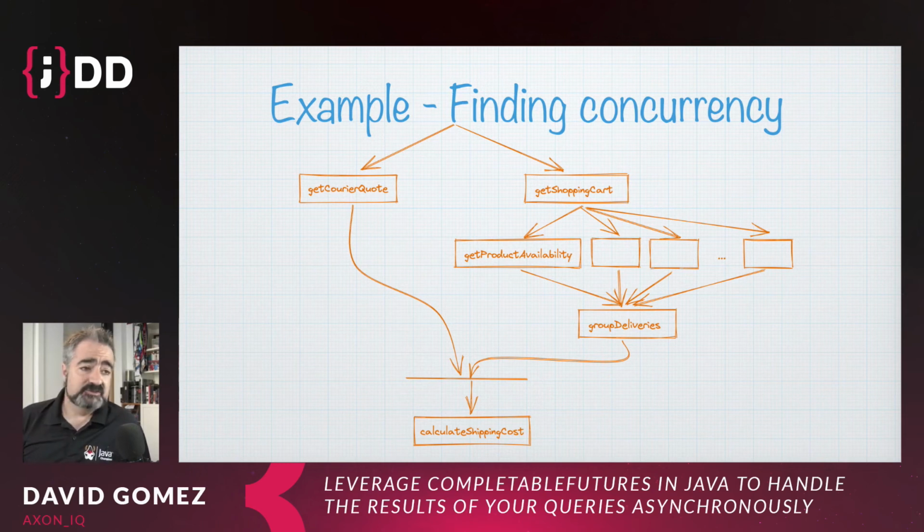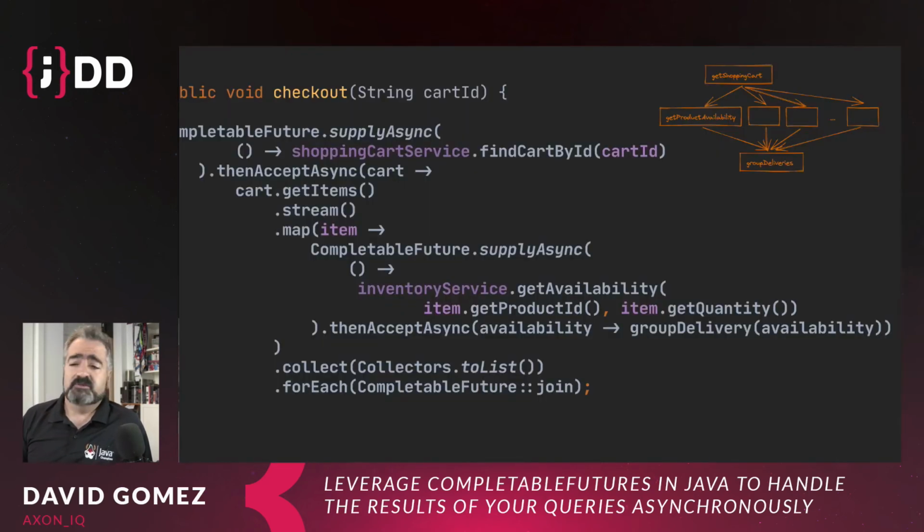So if we were to write this using regular threads, it could be really complicated. If we use CompletableFutures, basically what we could do, this is just the part of splitting the different queries to the warehouses, is first supply an asynchronous task, which is basically getting the find cart by ID.